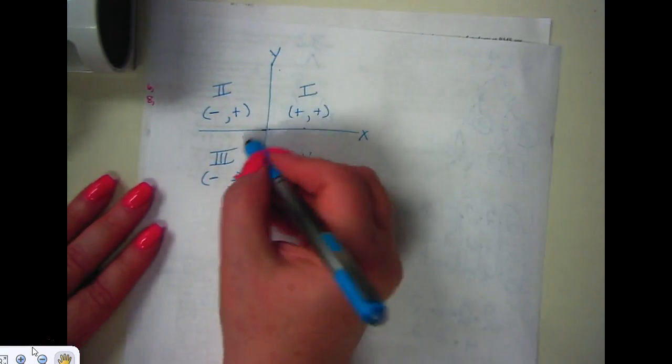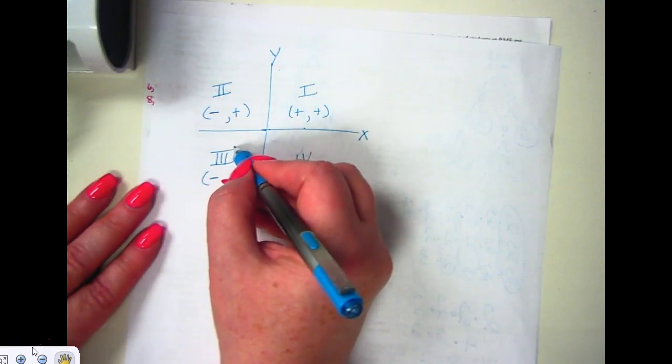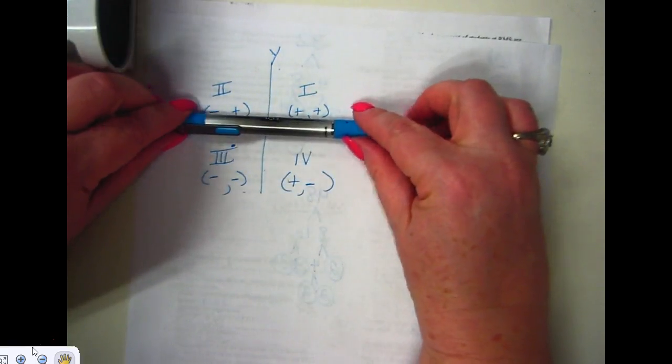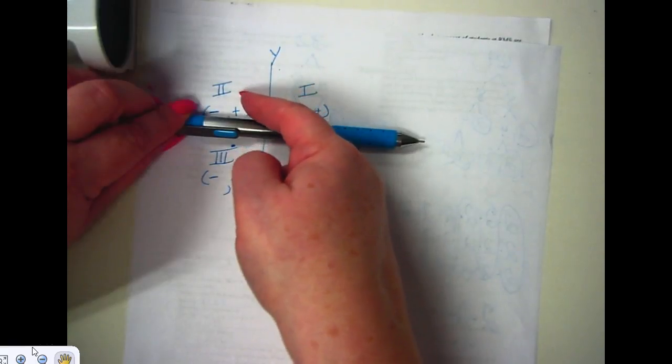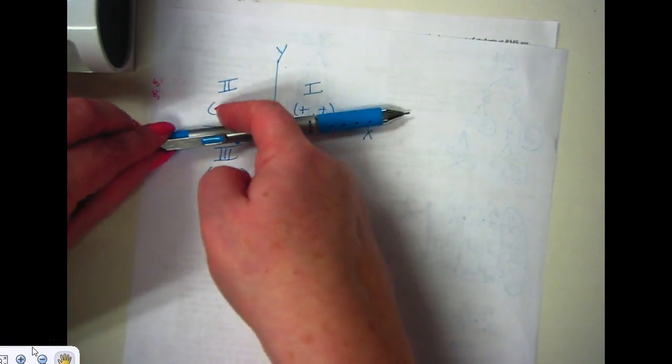So the question says, what point is a reflection of the point negative 2, negative 5? Negative 2, negative 5 is over here somewhere. If I reflect that across the x-axis, I'm going to jump from here straight over to here. So I'm going to be in this quadrant. Now I am a negative positive instead of a negative negative.